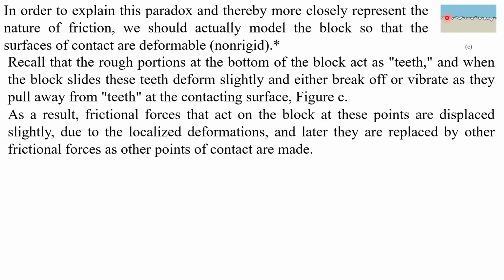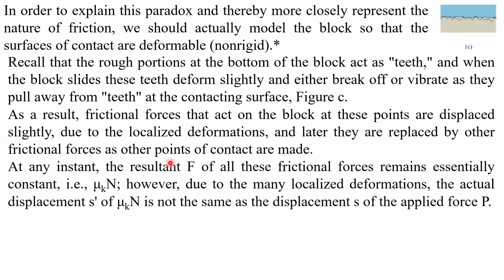So as a result, frictional forces that act on the block at this point are displaced slightly due to the localized deformation, and later they are replaced by other frictional forces as other points of contact are made. At any instant, the resultant F of all these frictional forces remains essentially constant, that is mu k N.